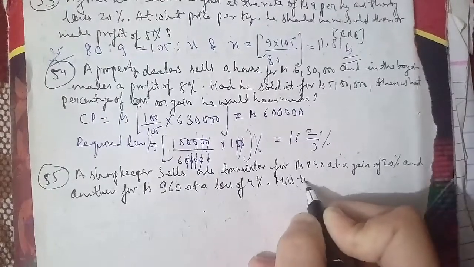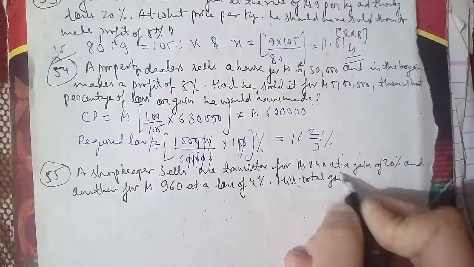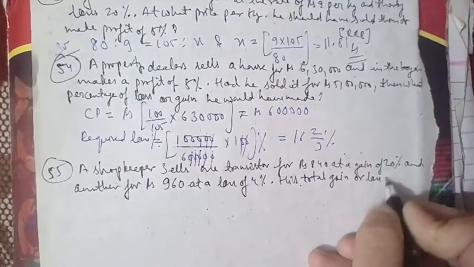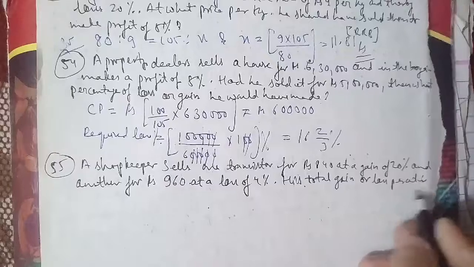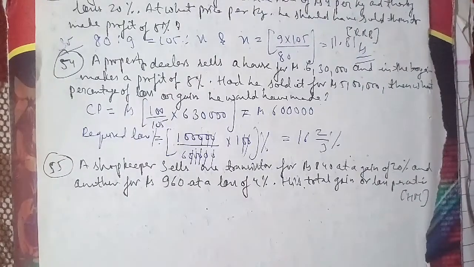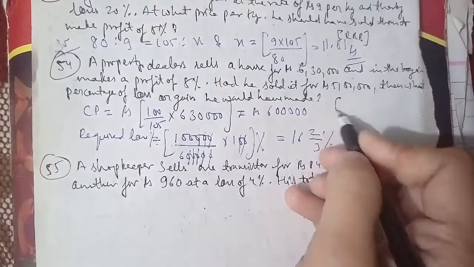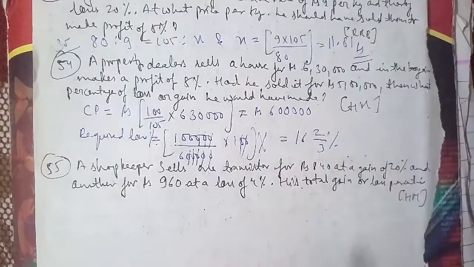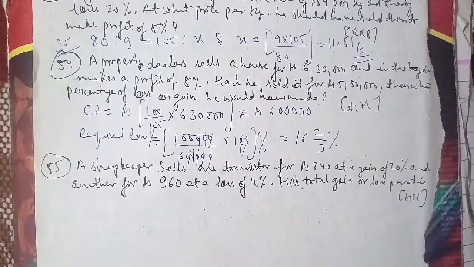His total gain or loss percent is asked in hotel management question paper, and it is an important one of course. The options for this question are 15 by 17% gain, 15 by 17% loss, 6 2 by 3% gain, and none of these. So we'll find out for the same here.